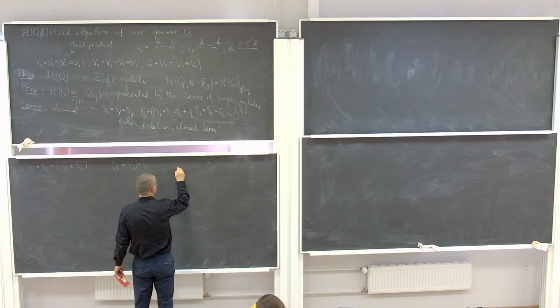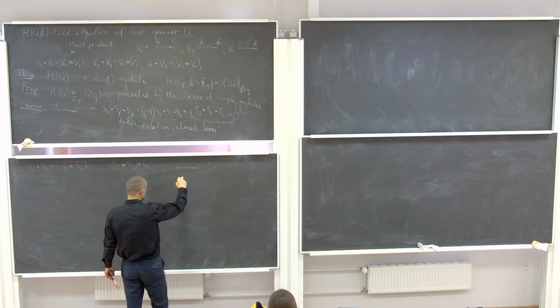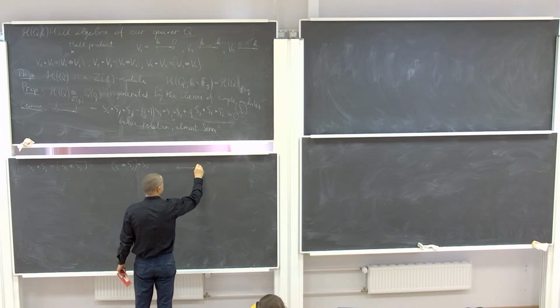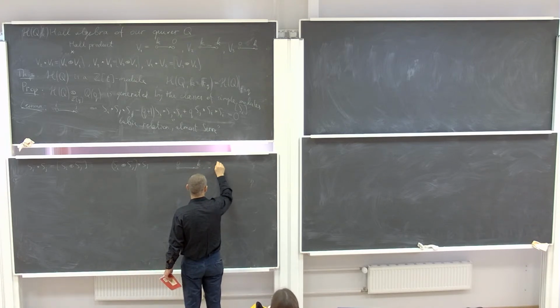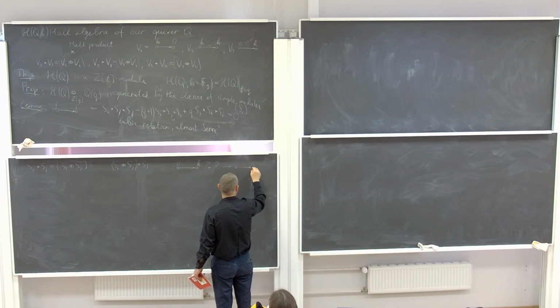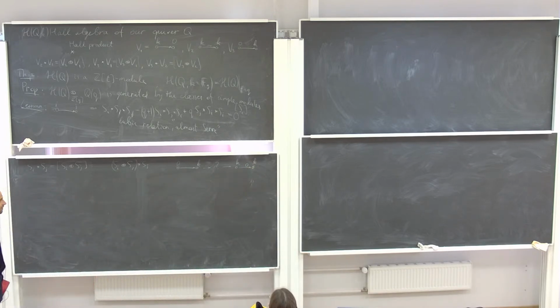So this will be a sub, then there will be something, and then the quotient will be like this.